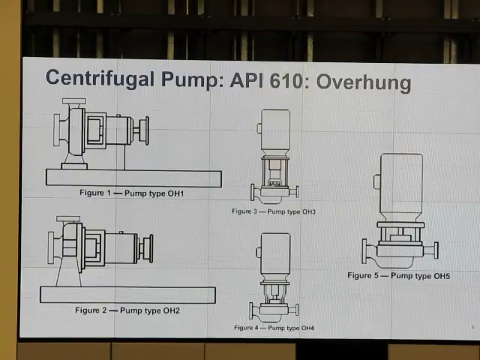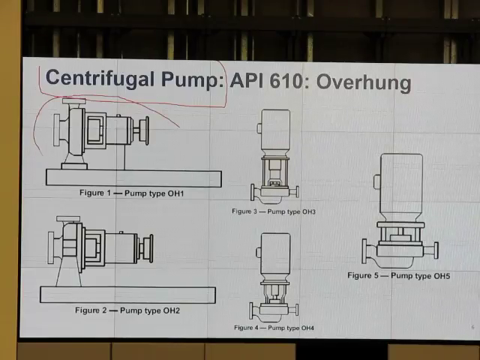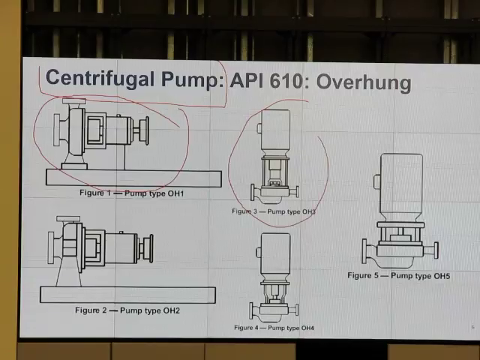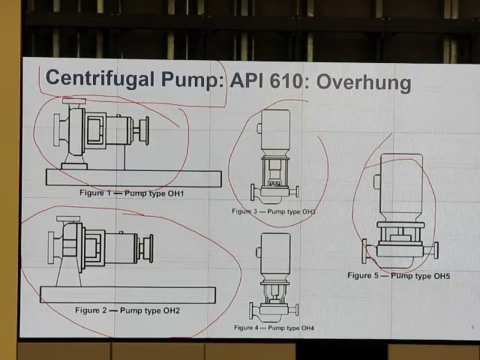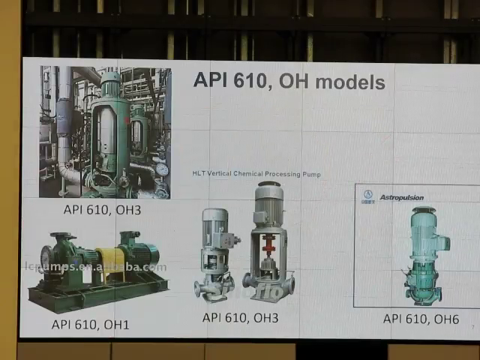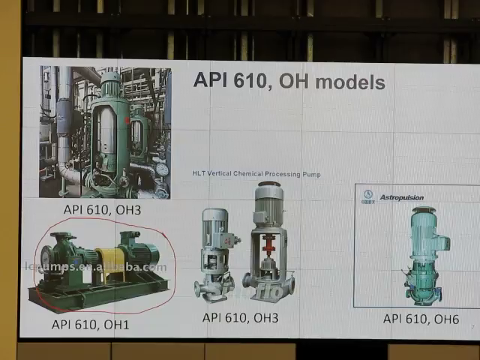Let's take a look at the pictures. Centrifugal pump, it can be like that, or sometimes it looks like that. This is just for you to see the picture, not to memorize which type is what. So typically it looks like that, right? That's a centrifugal pump. But my point is, it can be that.